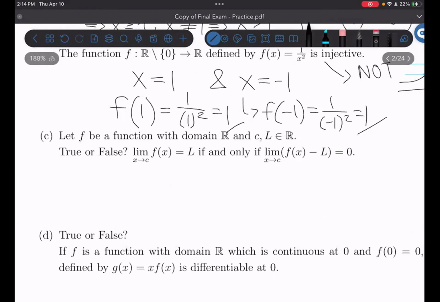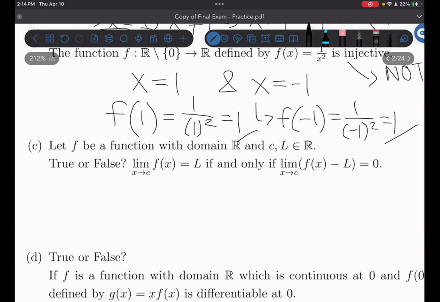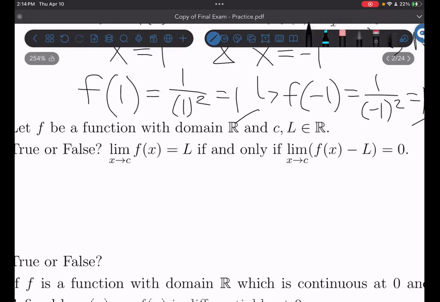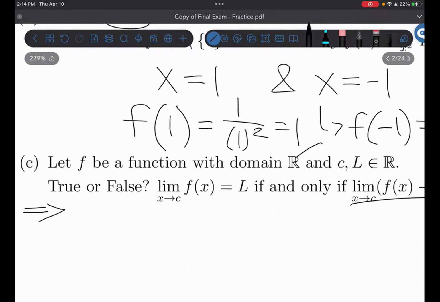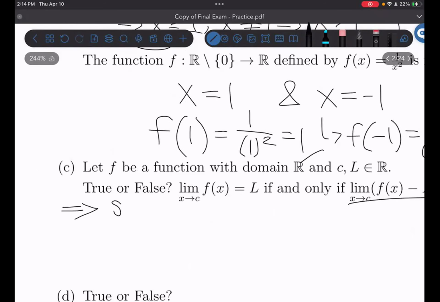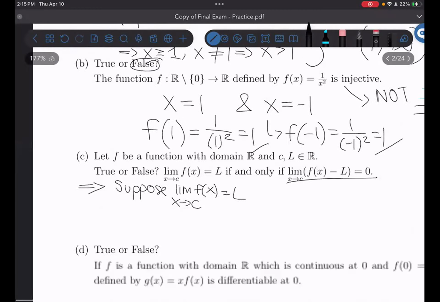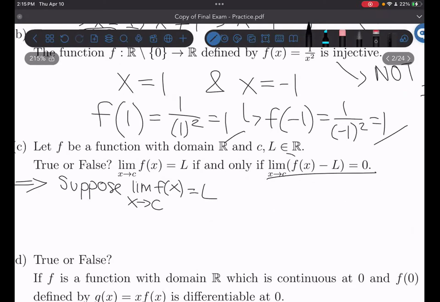Okay, so for C, again, we have a true or false. They're saying the limit of f of x as x approaches c equals L if and only if the limit of f of x minus L equals zero. We have to prove it both ways. So in the forwards direction, we suppose the limit of f of x as x approaches c equals L, and I try to calculate this.